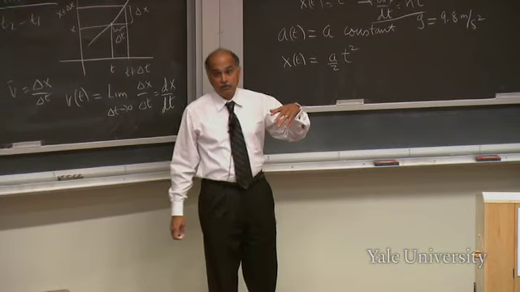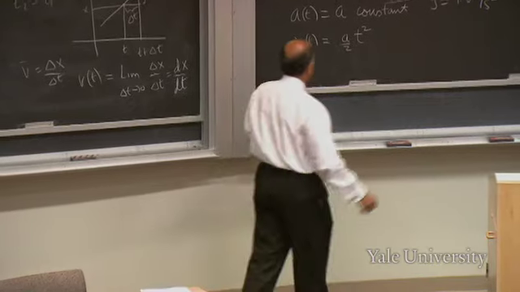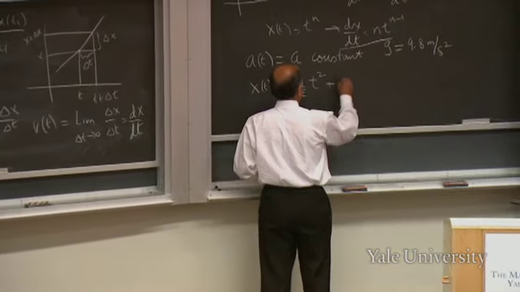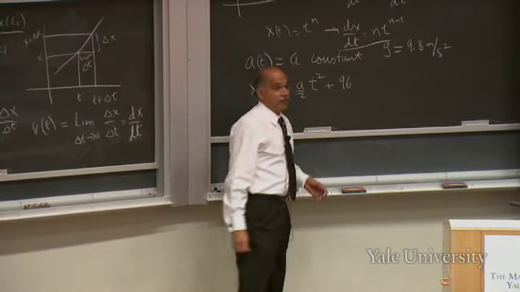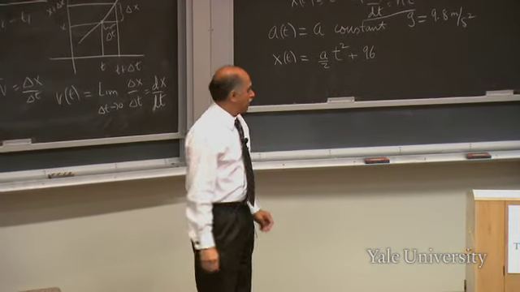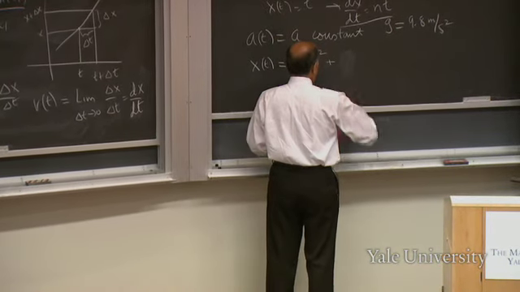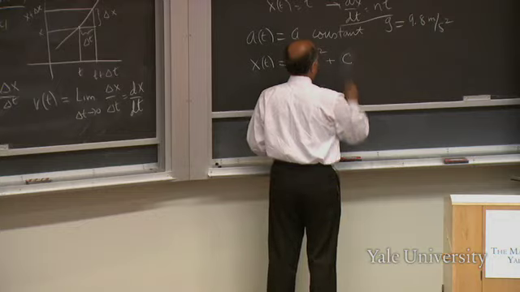And I think you all know that this is not the most general answer. It is one answer. But I can add to this some number like 96. That'll still have the property that if you take two derivatives, you're going to get the same acceleration. So 96 now is a typical constant. So I'm going to give the name c to that constant.